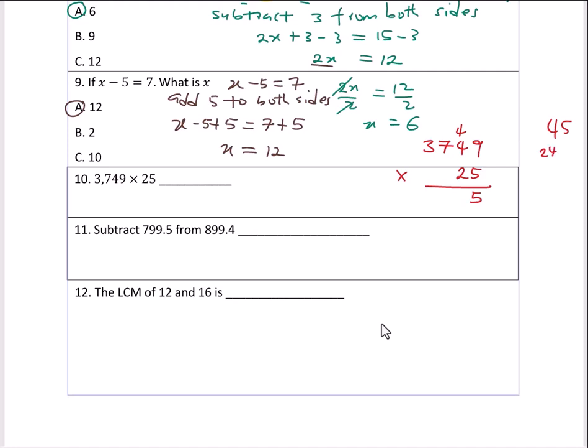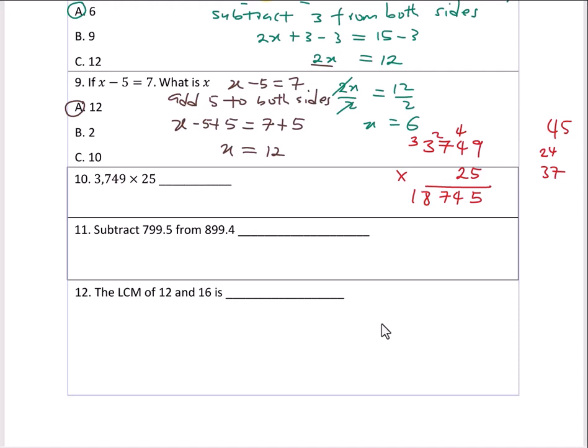So we write 4 and carry 2. 5 times 7 is 35. 35 plus 2 is 37. So we write 7 and carry 3. Then 5 times 3 is 15. 15 plus 3 is 18. We don't have anywhere to carry, so we'll just put everything down.